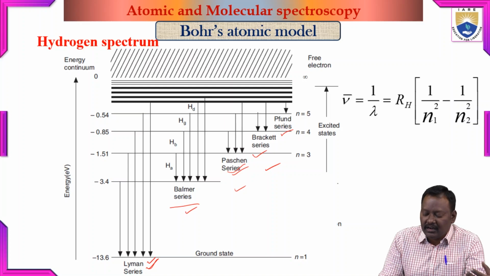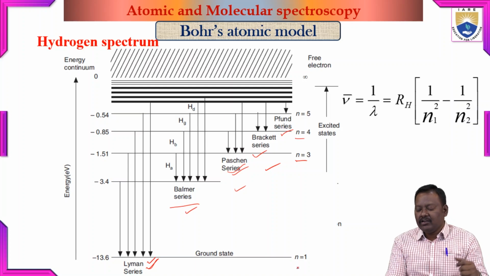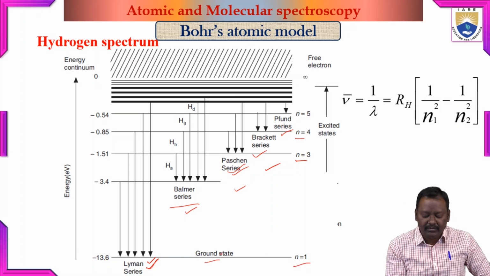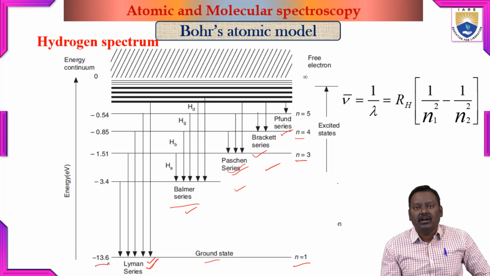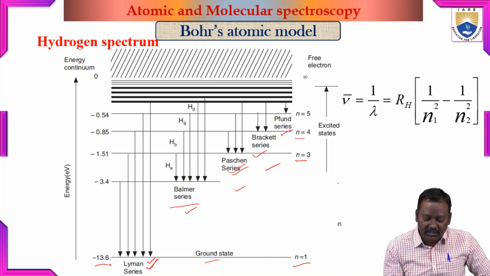So depending on the number of the orbit, n equal to 1 is the ground state, the very lowest energy level. The energy of this ground state is minus 13.6.